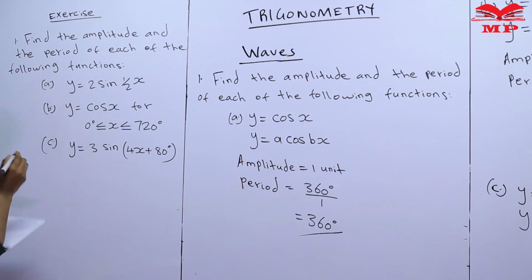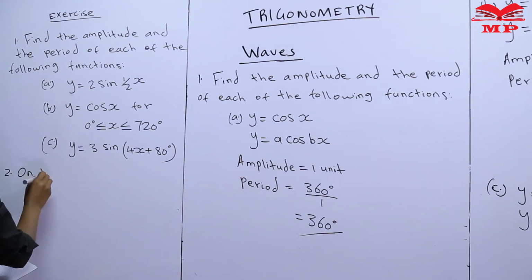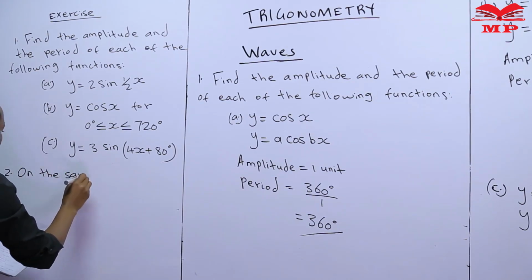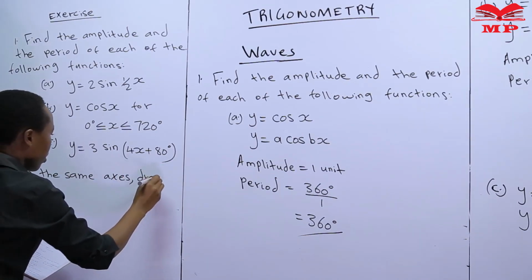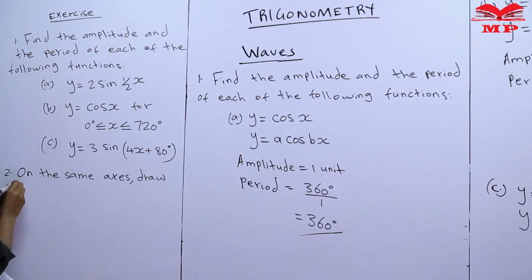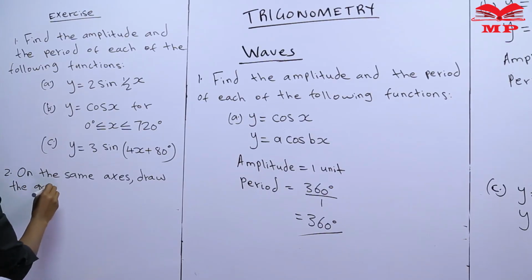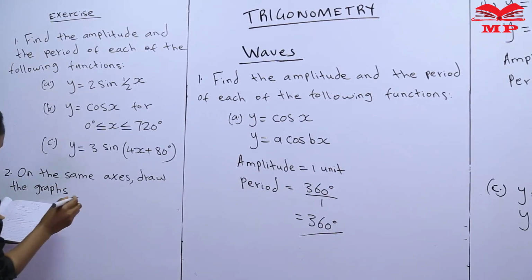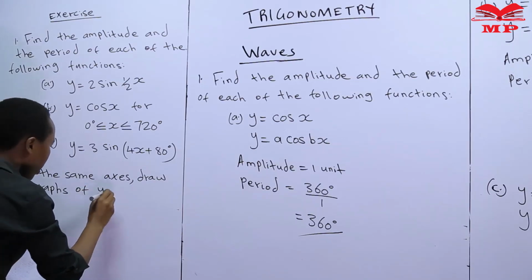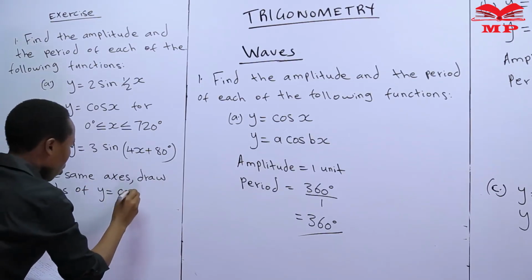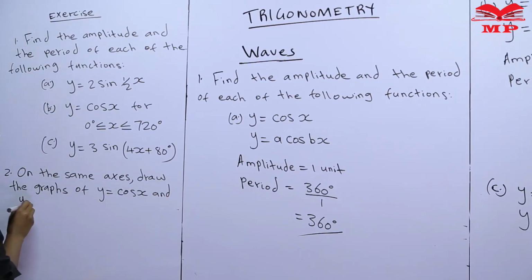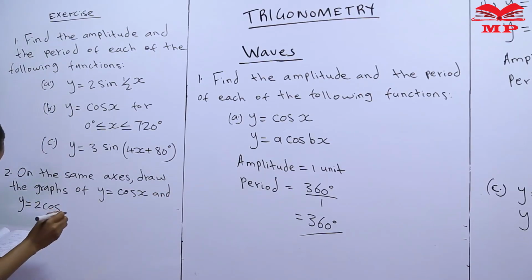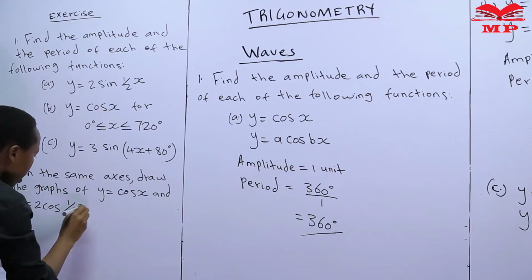Then number 2, on the same axis, draw the 2 graphs. Draw the graphs of y is equal to cos x, and also y is equal to 2 cos a half x.